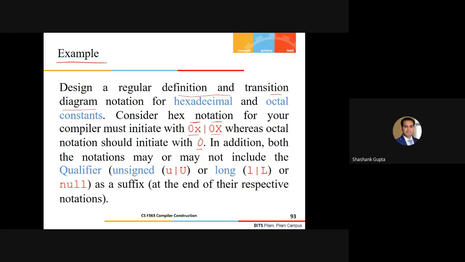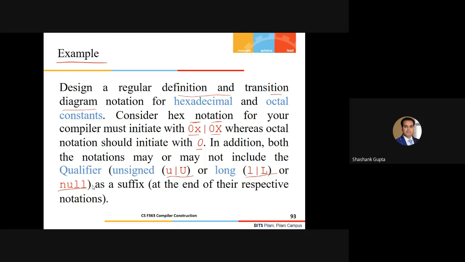And that 0 should not correspond to the actual integer constant which can be obtained from the octal number. This 0 is just considered as a prefix, an identification for octal constants here. In addition, they are also saying to include certain qualifiers, whether these octal or hexadecimal constants are unsigned or long, or simply null if you do not need to mention their type as a suffix.